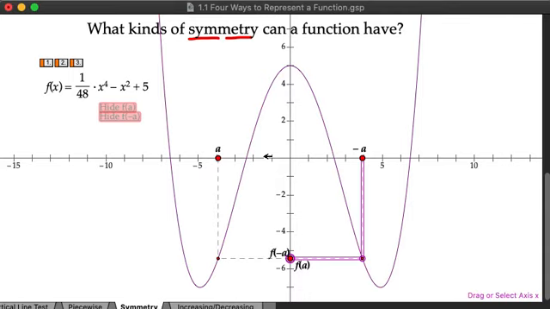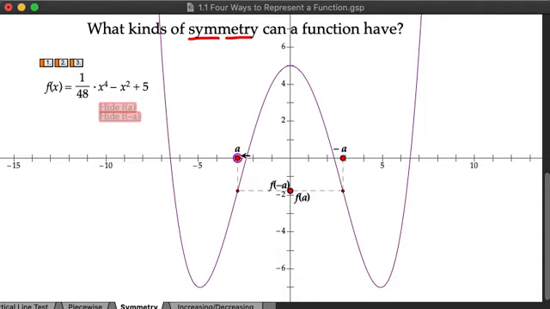So in this graph, where I could fold it in half, with the left side reflected in the right side and vice versa, another way to say that is: if I take symmetric inputs, then the outputs are the same. If I compare the outputs for symmetric inputs A and negative A, the outputs are the same.